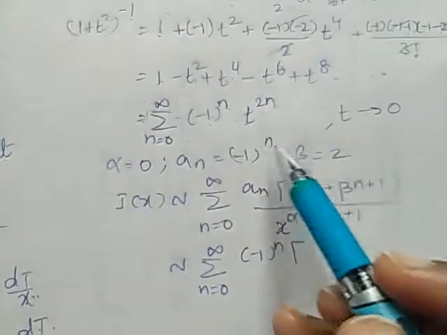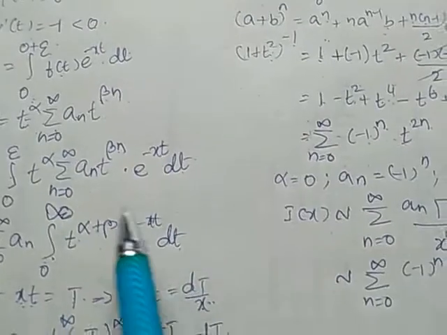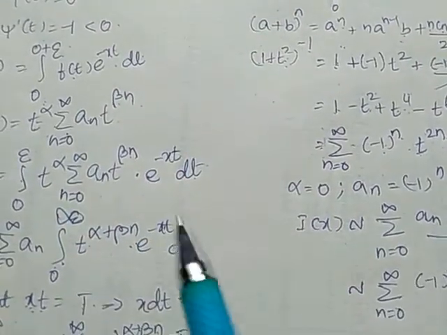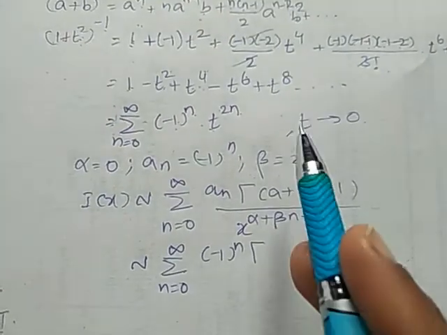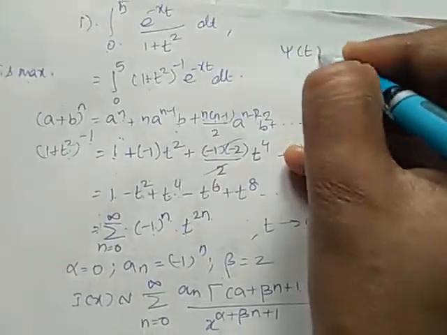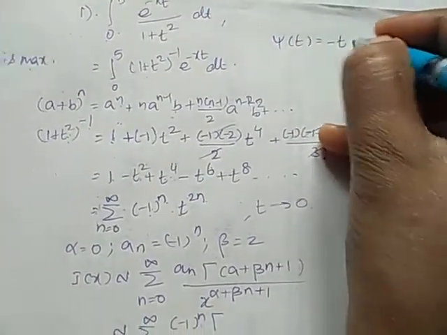A is 0 because, in this problem, so far we didn't find the value of t, right? So what is our f of t? Sorry, xi of t. Xi of t is minus t.